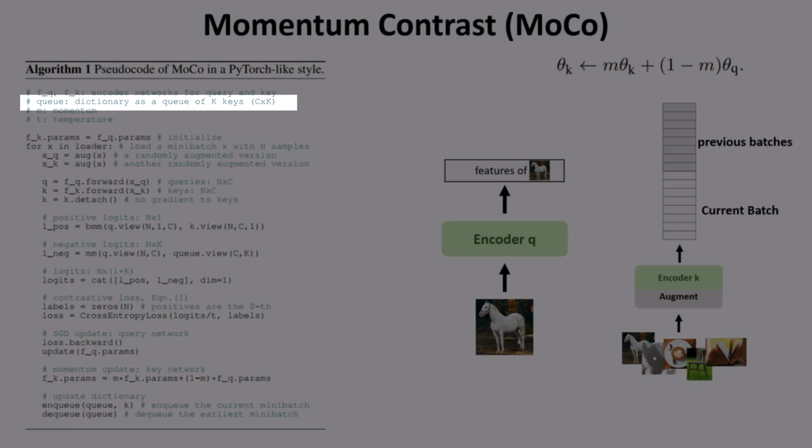So each key is a C-dimensional vector. So our encoder key should receive an image as the input and output a C-dimensional vector representing that image. And we have K vectors out of them. So the dimension of this queue should be C times K.